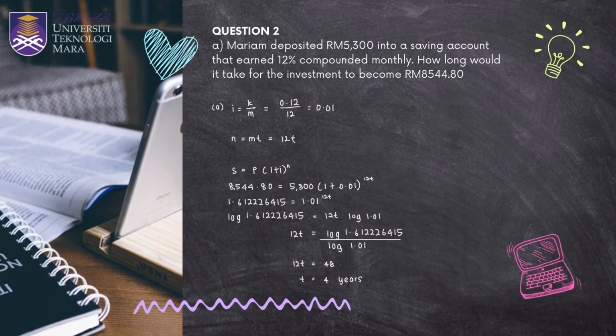Make sure to put log on both sides. After that, log 1.61 divided by log 1.01 and we get 48 for the answer. Lastly, 48 divided by 12 and the answer is 4. It means the investment takes 4 years to become 8,544 ringgit 80 cents.